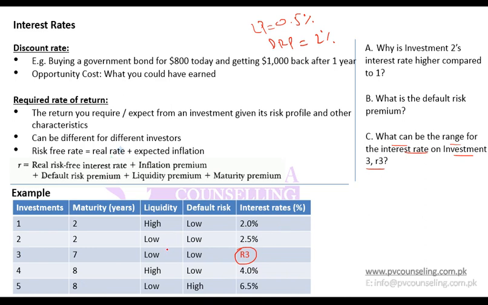Yes, so these two are exactly the same. Only difference is 2 and 7. That means its return needs to be the same as 2 but has to be higher for maturity premium. So that means R3 needs to be higher than 2.5%. So at least greater than 2.5%. So minimum is 2.5%. And what can be the maximum value?